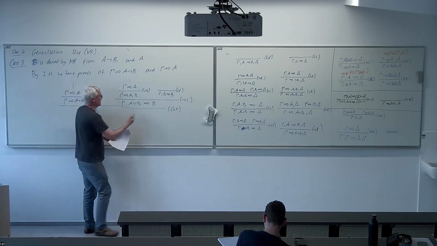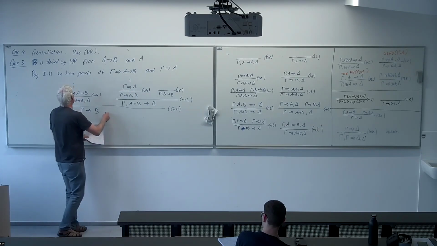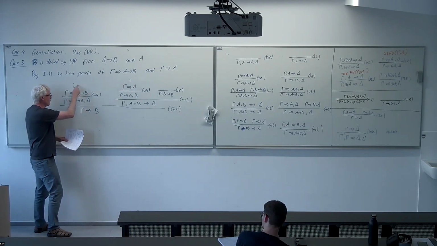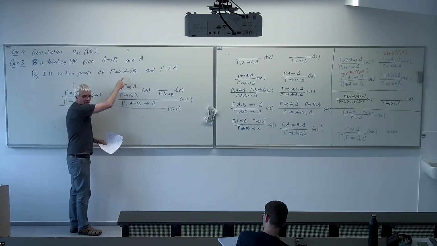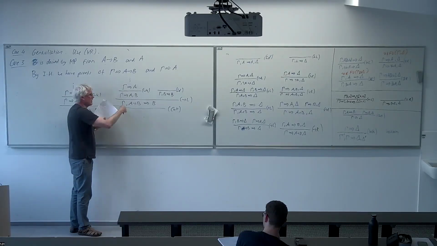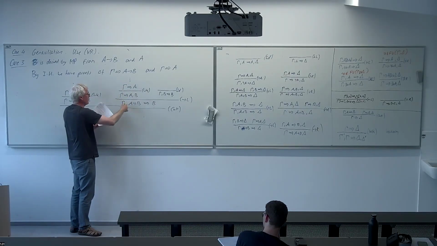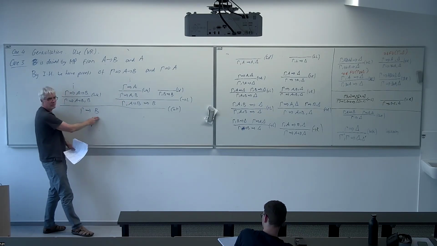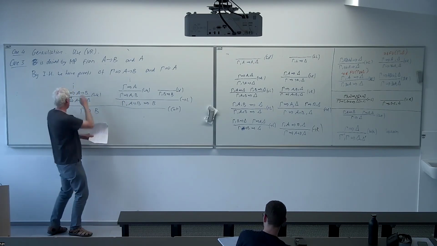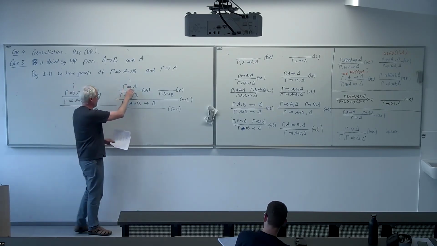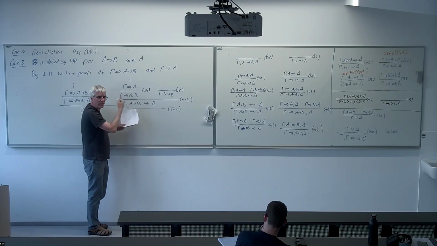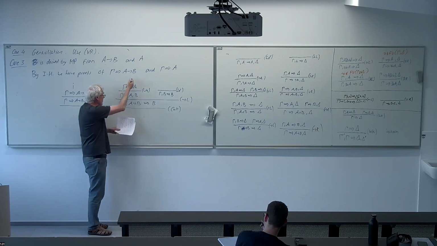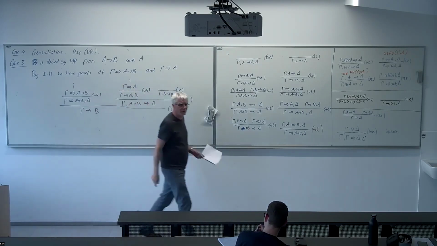But in order to do that, in this case, we would have to go into the details of what's going on in these subproofs, and by cleverly working out what's happening in these two subproofs, we'd be able to stitch them together so that we could get a proof of B that doesn't involve the cut. But in this modular form, we're just assuming we've got a proof of A implies B and a proof of A. There's no way of avoiding the cut if we don't want to look inside these two proofs, okay?